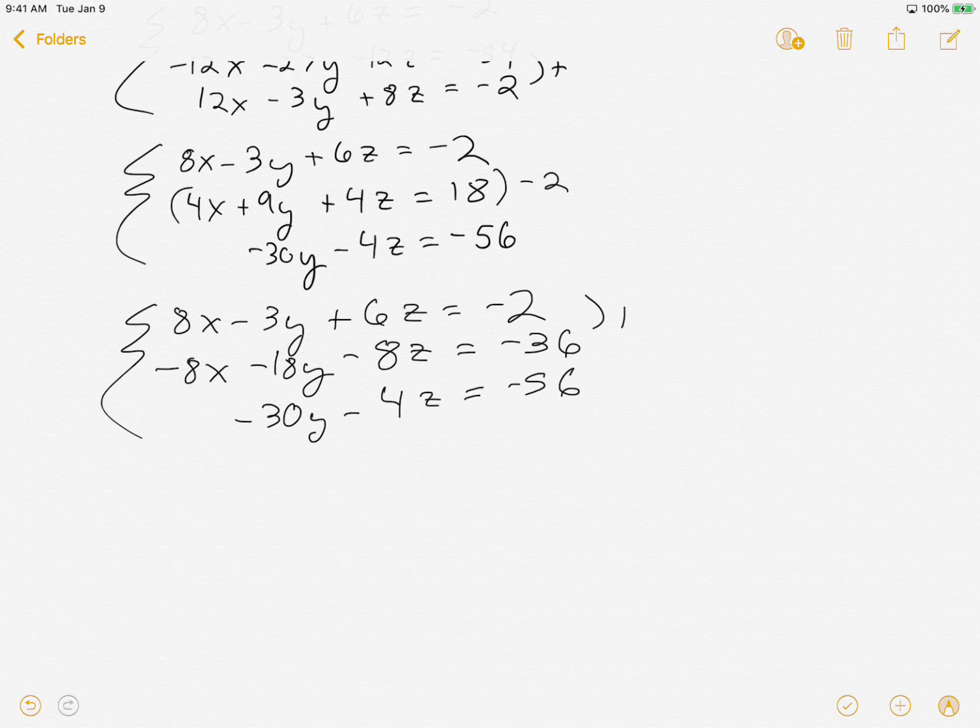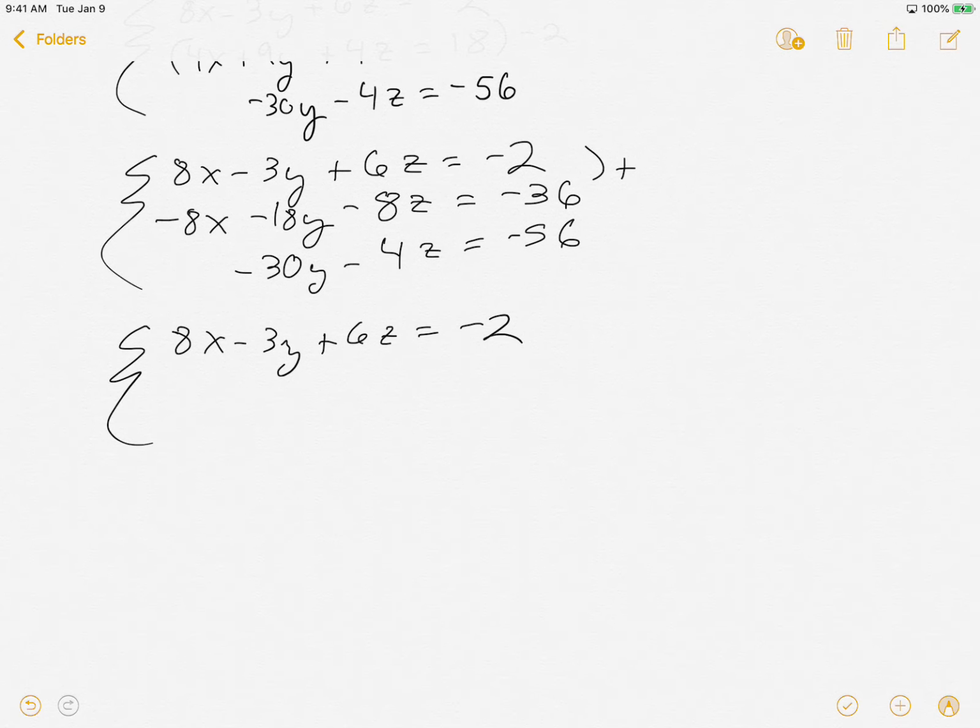Add those two equations to change the second one to get rid of it. Top equation stays the same. Middle equation's the one that's changing. 8x and negative 8x is 0. Negative 3 and negative 18 is negative 21y. 6 and negative 8 is negative 2z. And negative 2 and negative 36 is negative 38.